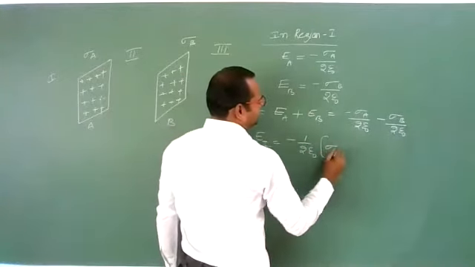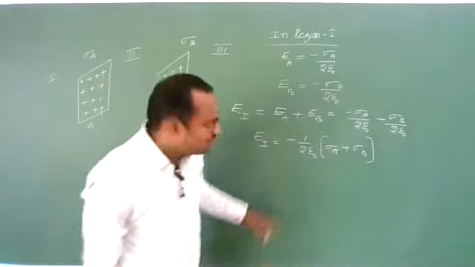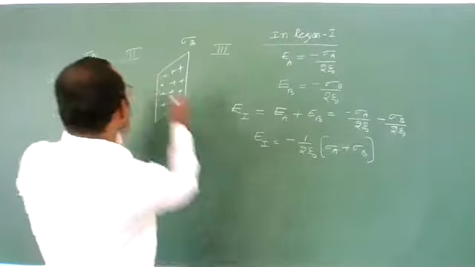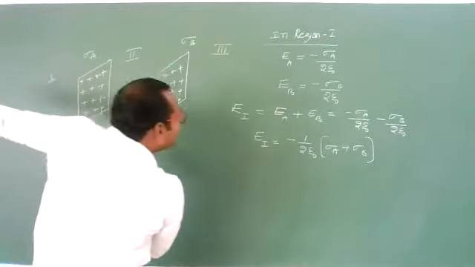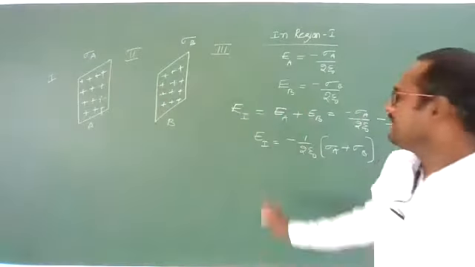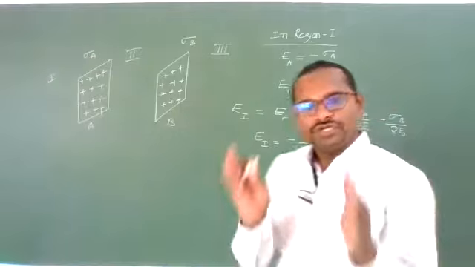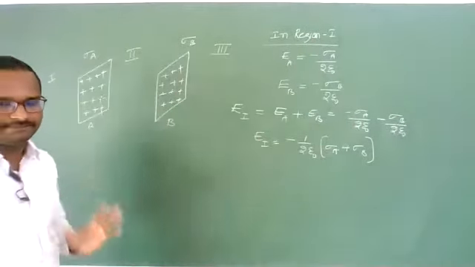If you take common, you'll get sigma A plus sigma B. Are you getting? This minus indicates from this middle region, electric field due to these two sheets in region 1 is in that direction. That's it. Okay, this will be the value of electric field due to these two sheets. I hope you are understanding what I am writing.